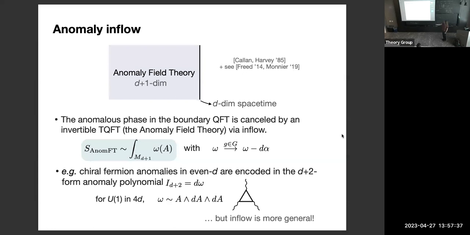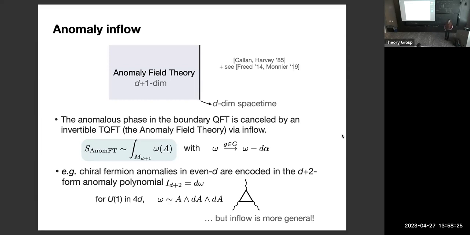So the action of this invertible TQFT, which is in d+1 dimensions, so I'll call it omega, depends on the background gauge field for my global symmetry, and is constructed exactly so that under the background gauge transformation, it transforms up to exactly the piece that will cancel off the anomalous transformation in my QFT's partition function, so that collectively the partition function of this and of my d-dimensional QFT is invariant under the background gauge transformation.